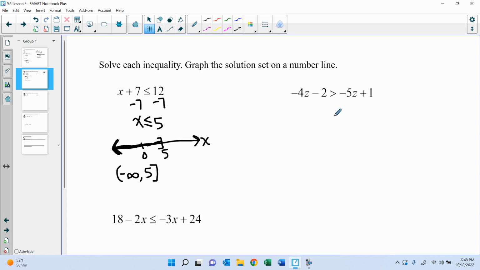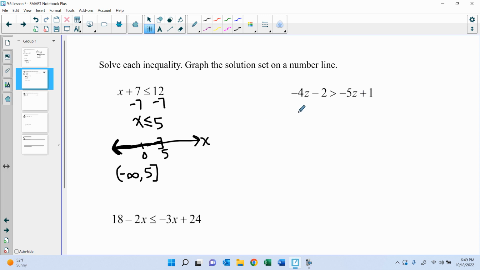So this is actually the reason that we move the smaller variable first, to end up with a positive in front of the variable.